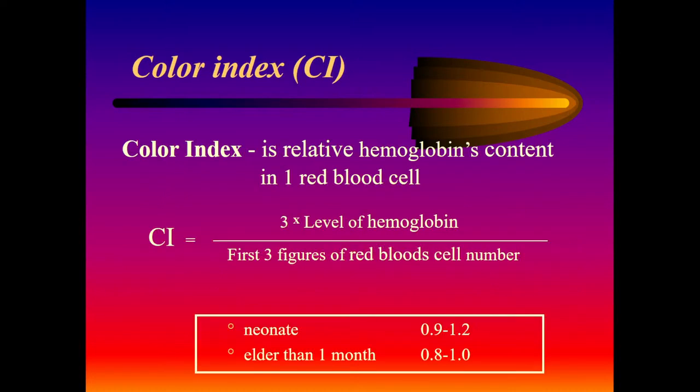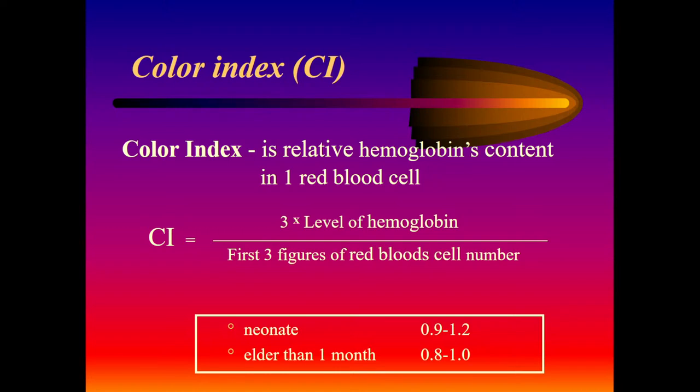Color index is the relative hemoglobin content in a red blood cell. Here is its formula, how to calculate color index in a real situation. Except in the neonatal period, normally we have a color index between 0.85 and 1.05.